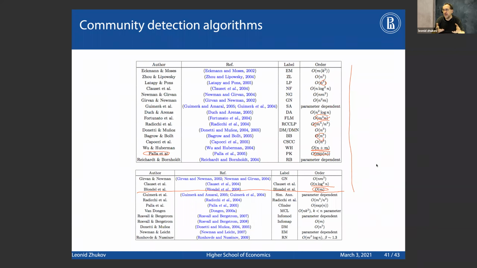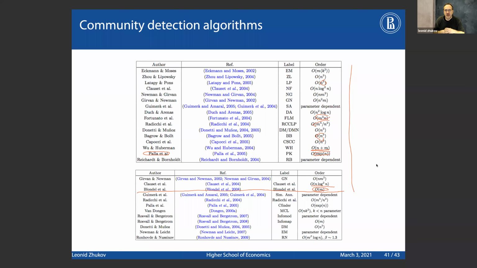Algorithms differ by the way they operate. Most of them are either greedy, heuristic, or approximate; there's no exact solution. And algorithms differ widely in their computational complexity. So before you run something on a large graph, check the computational complexity of the algorithm, because you might wait forever for it to solve the problem.